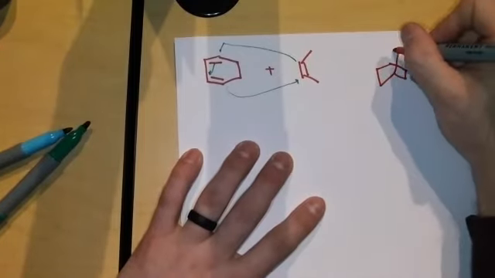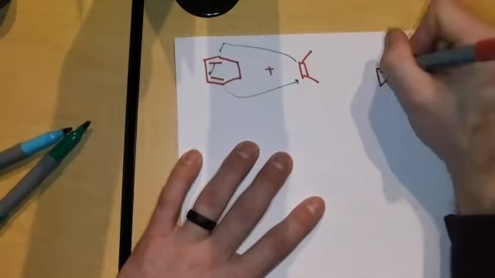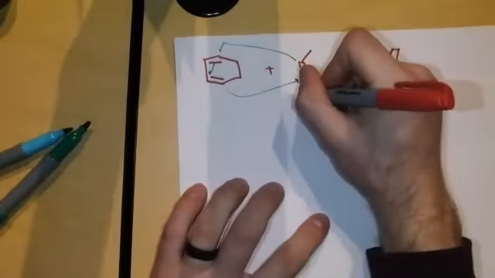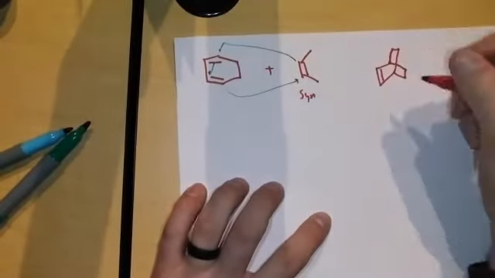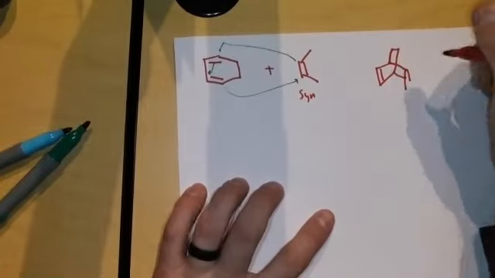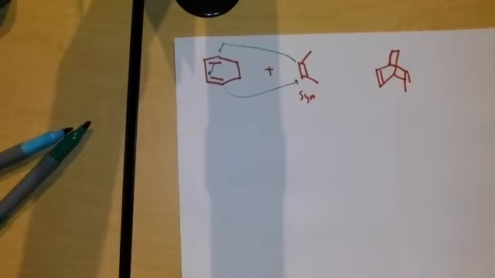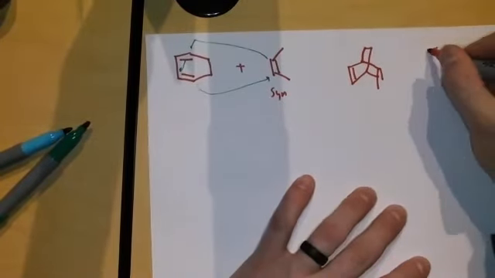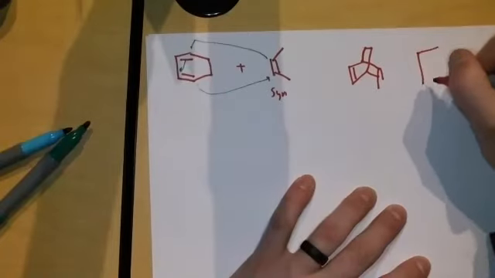So it's going to look like this here. These two are syn to each other on our dienophile. And because we're drawing them in 3D, we're just going to point them downward. If I was to draw this in 2D, it gets a little messy because we have such a large bridgehead.